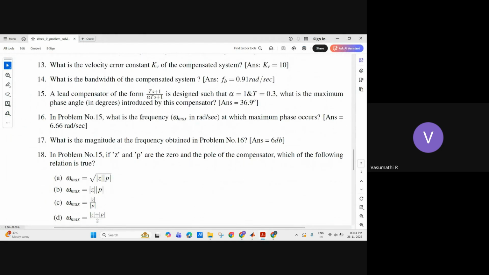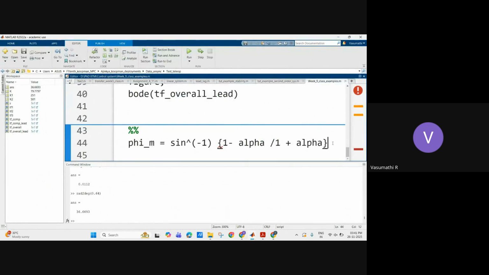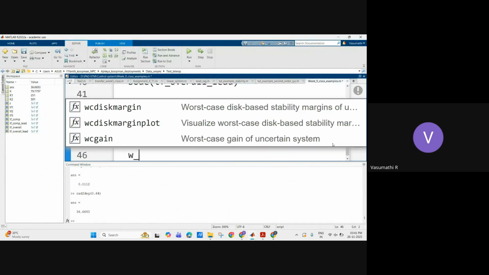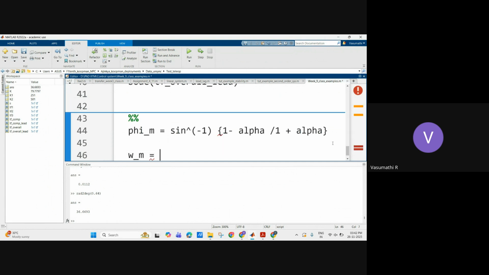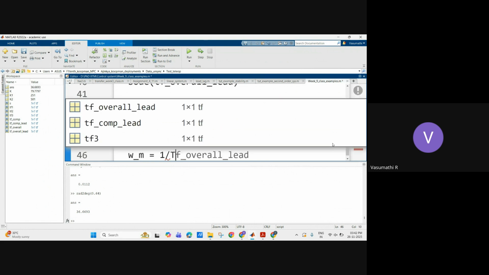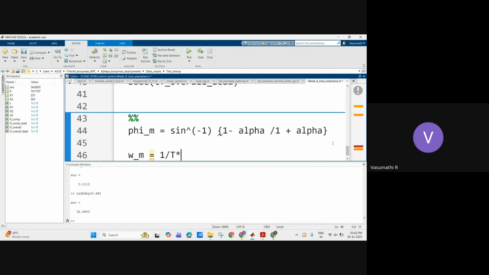What is the frequency at which the maximum phase occurs? This also has a formula: omega m is equal to 1 divided by T into square root of alpha.